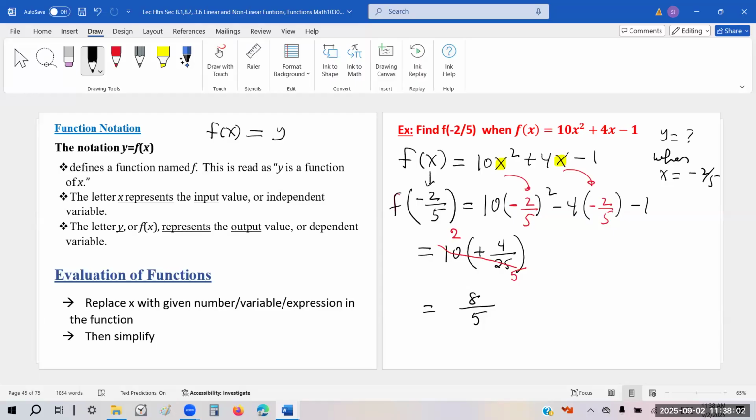Now let's get to the second term. We have negative 4 times negative 2/5. This time we cannot cancel 4 and 5 because they are not divisible by anything. So we multiply negative 4 and negative 2. We have no choice. So you get positive 8/5. So we bring it down. And lastly, we have negative 1 alone, so you simply bring down negative 1.